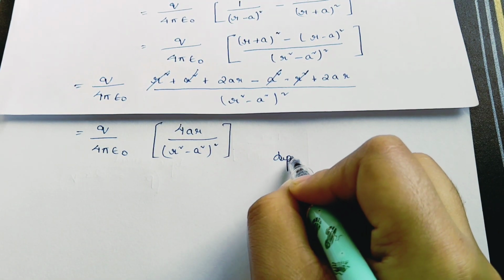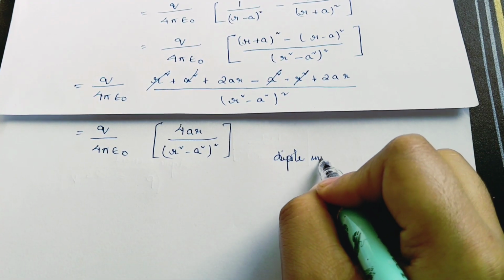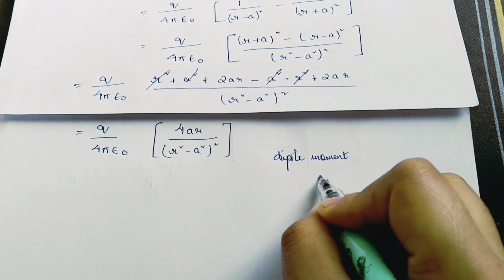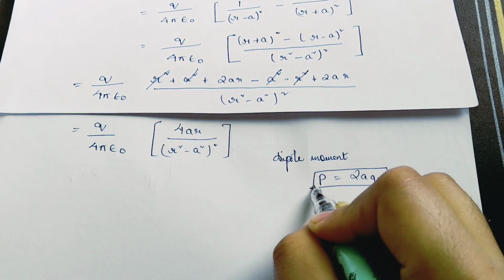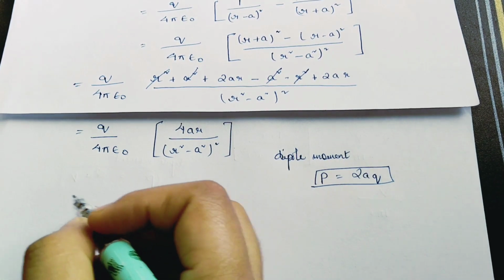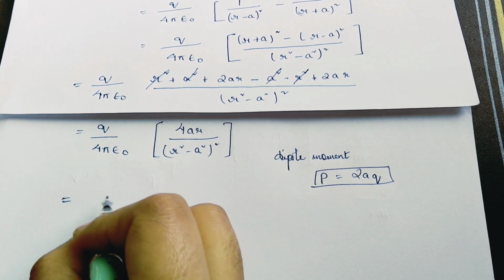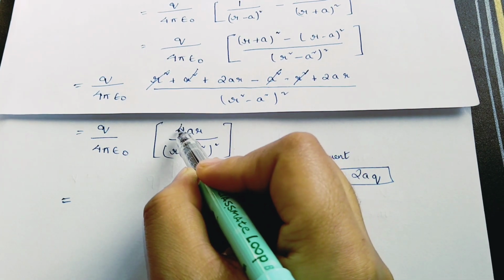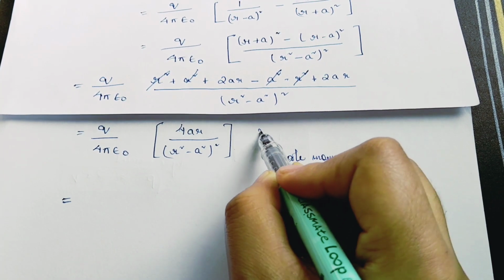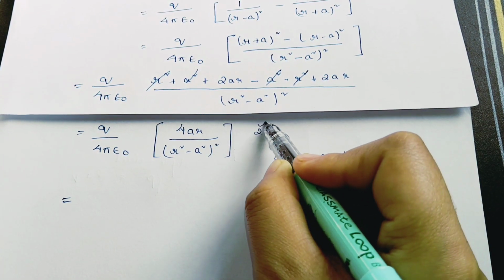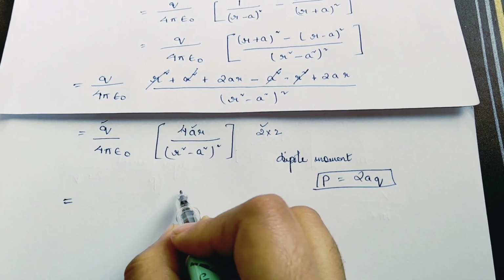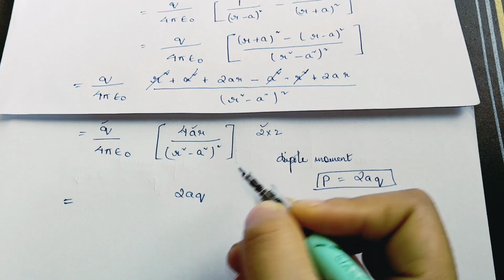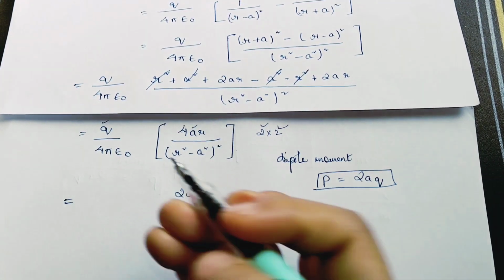Now we know the dipole moment vector p is equal to 2aq. So we will substitute this value in this equation. 4 can be written as 2 into 2, right? So one 2 can pair up with a and q, and we have 2aq and the other 2 with the r.